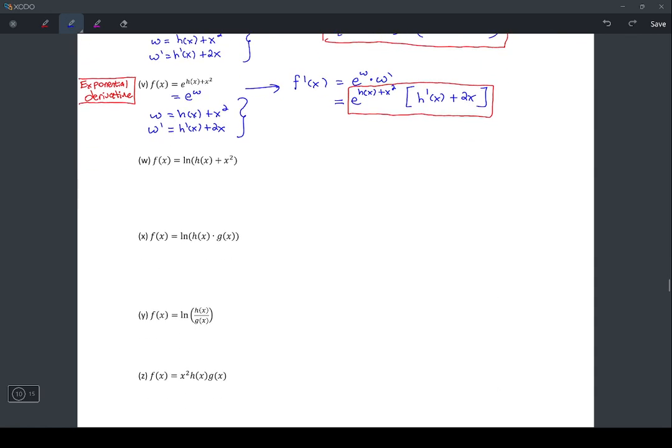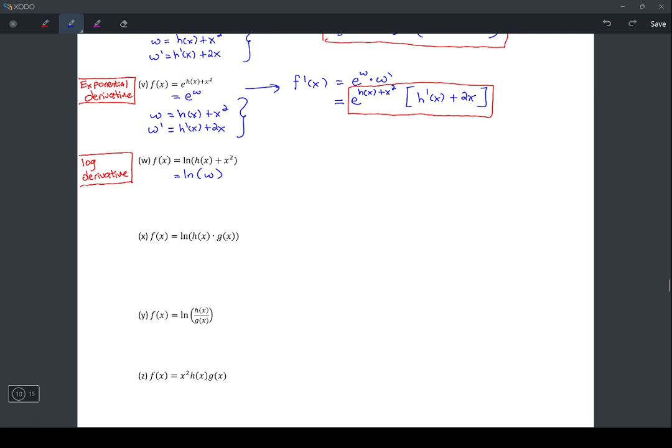Okay, the next one is a log derivative. So I'm going to replace everything in the log argument with a w.